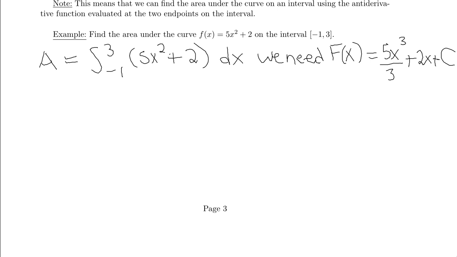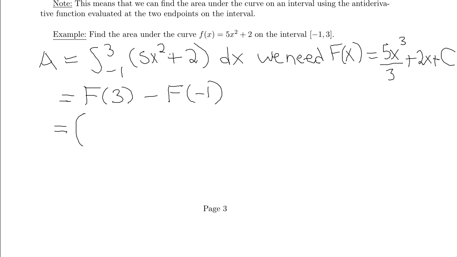So the fundamental theorem of calculus tells us that this area is equal to our antiderivative evaluated at the top bound, so at 3, minus the antiderivative evaluated at the lower bound, which is -1. So we need to take our capital F function and evaluate it at 3, then evaluate it at -1, and take the difference of those two things.